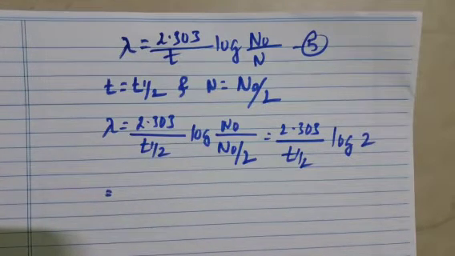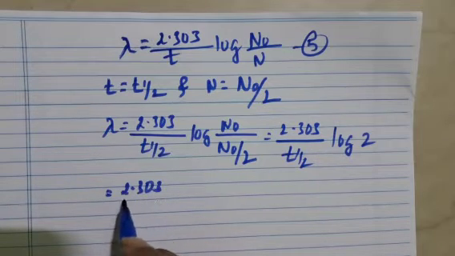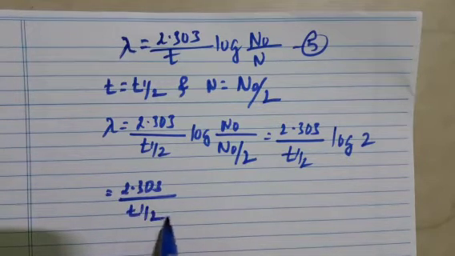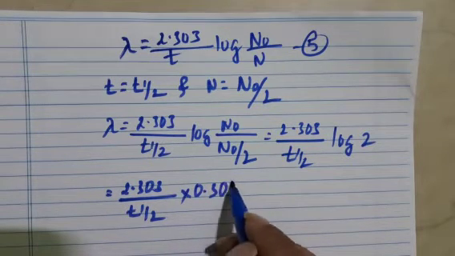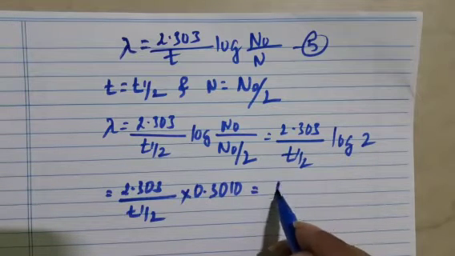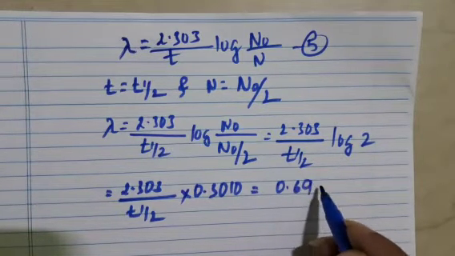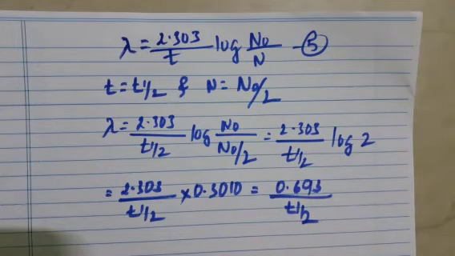If you simplify this, it is equal to 2.303 divided by t half into 0.3010, which is equal to 0.693 divided by t half.